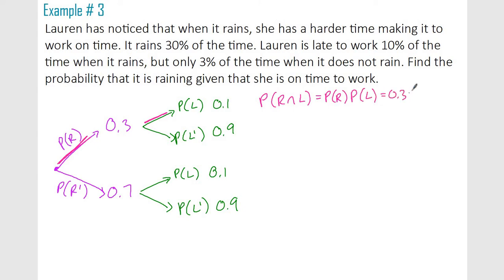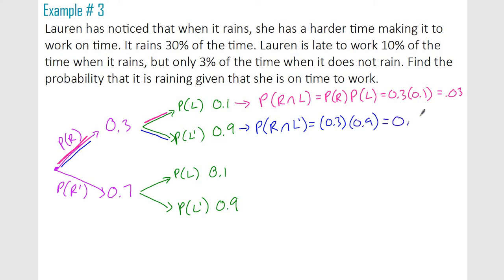So 0.3 times 0.1, which gets us 0.03. That's for the first line. The second line, probability that it rains and that I'm not late, is just 0.3 times 0.9. So that's going to get me 0.27.